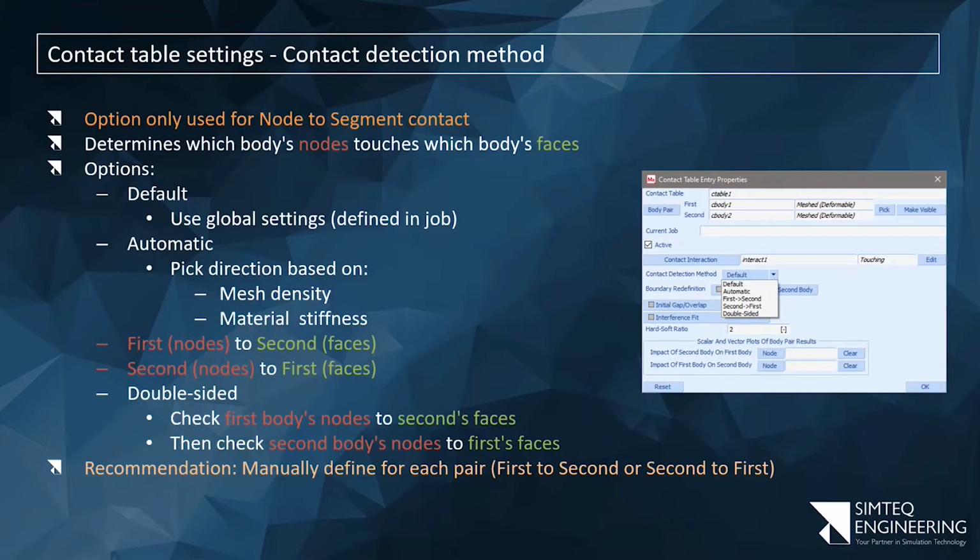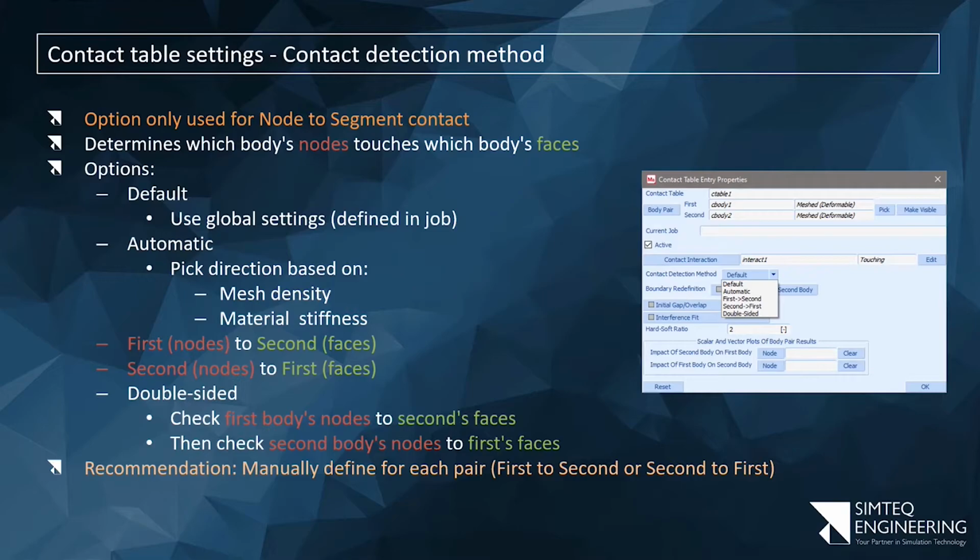The second option is to use automatic. Now, we previously mentioned that ideally I want to let the finer mesh touch the coarser one. Otherwise, especially if it's significantly finer, then it's critically important. If it's slightly finer, it doesn't matter too much. So the finer mesh should touch the coarser mesh. In other words, the finer mesh's nodes should touch the faces of the coarser mesh.